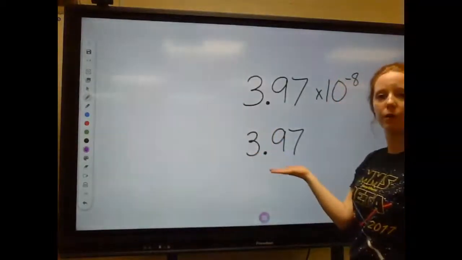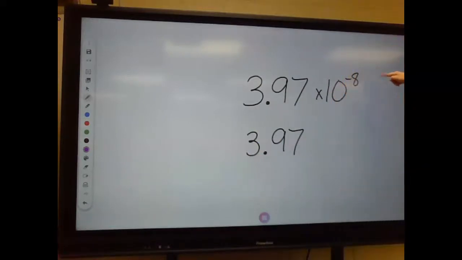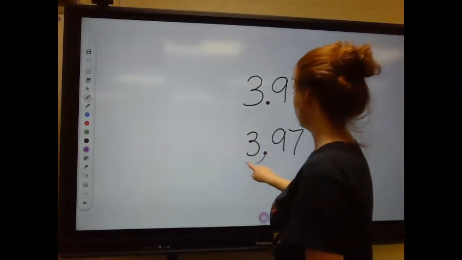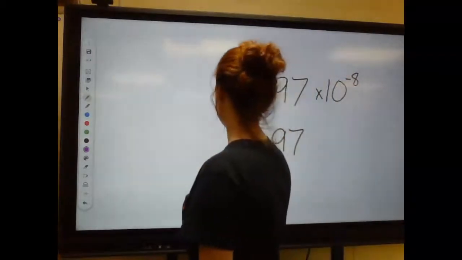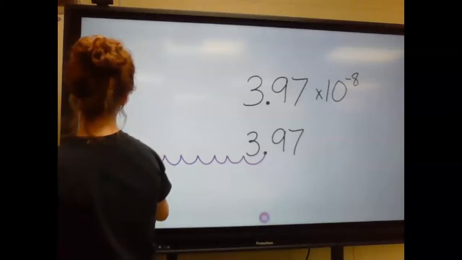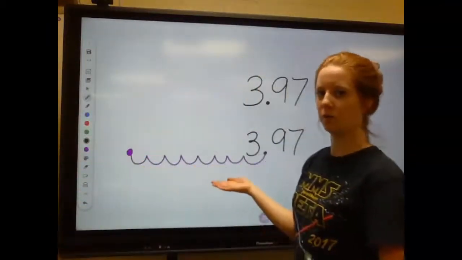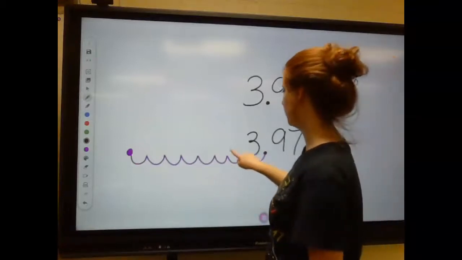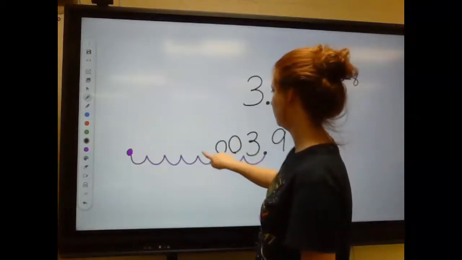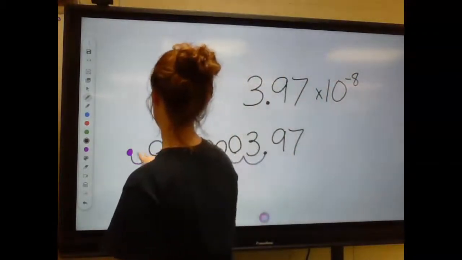So we've got our 3.97 here. I'll move the decimal 8 times. 1, 2, 3, 4, 5, 6, 7, 8. All right, there's our new decimal location. And we're going to fill in our hops with some zeros, some very non-symmetrical zeros.